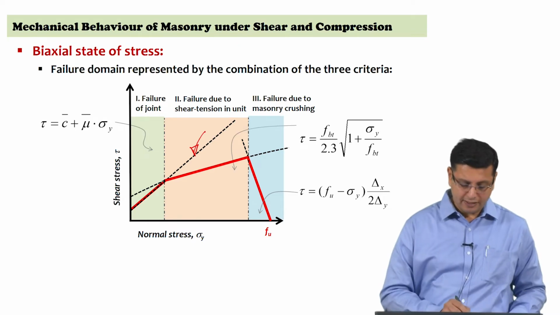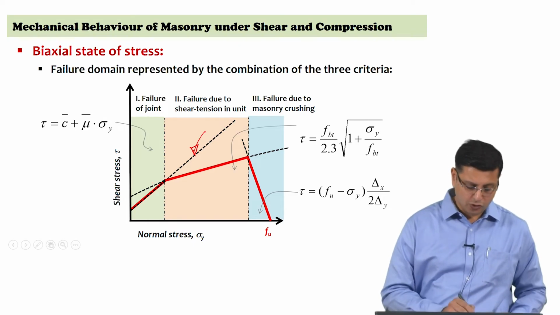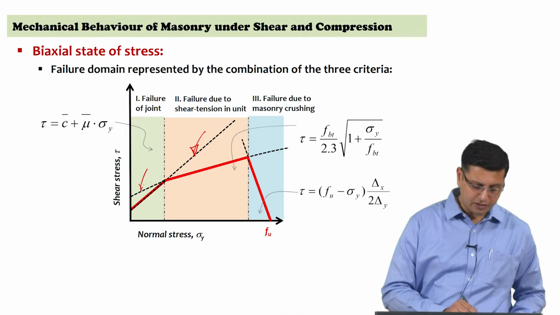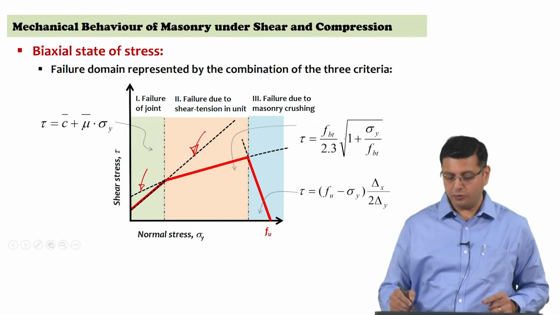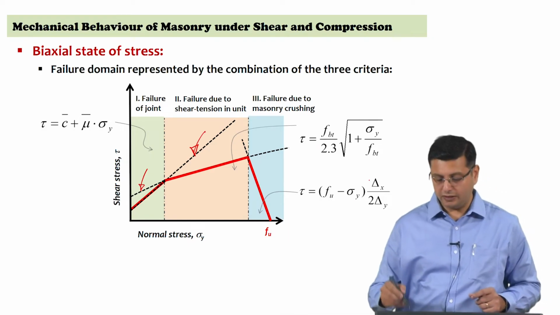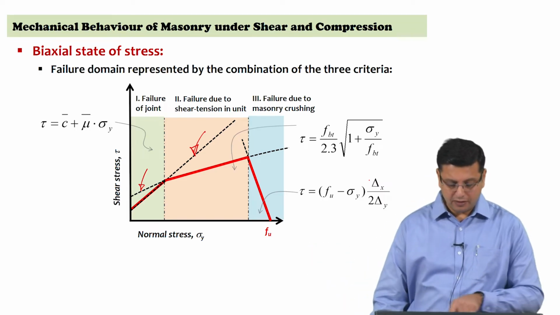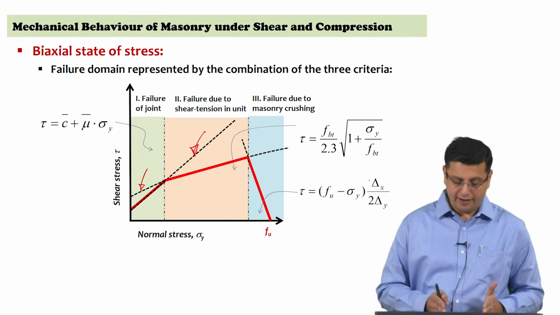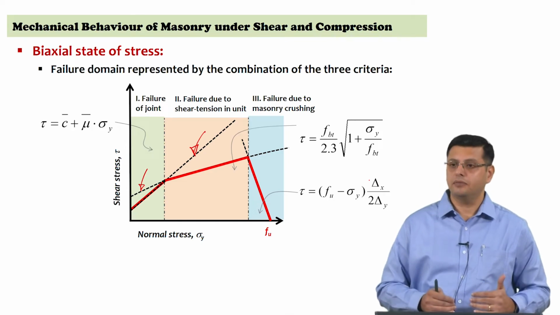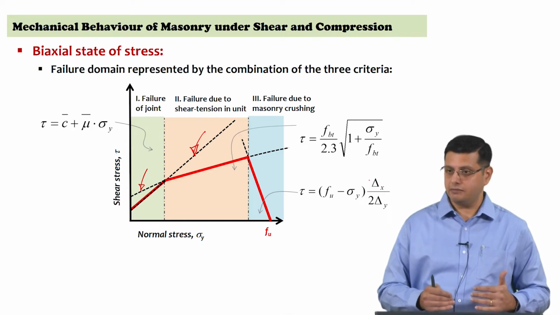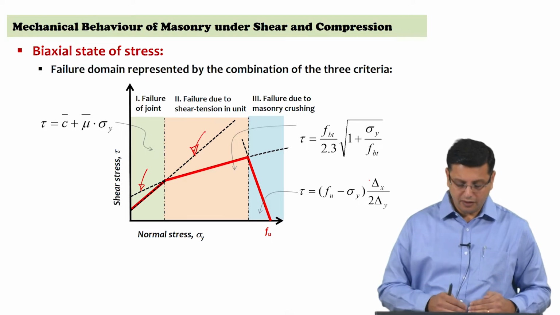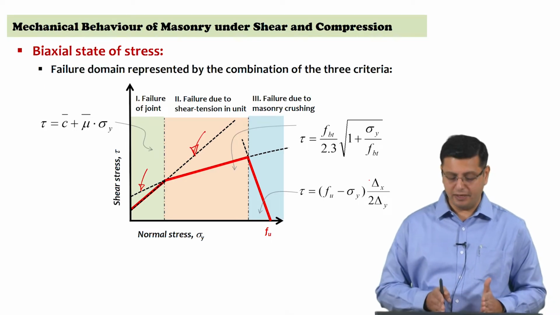So, you see that in the central zone, the equation represented by tau is equal to FBT by 2.3 square root of 1 plus sigma y by FBT is the second criterion, and that becomes the lowest failure shear stress with respect to sigma y for the intermediate zone.